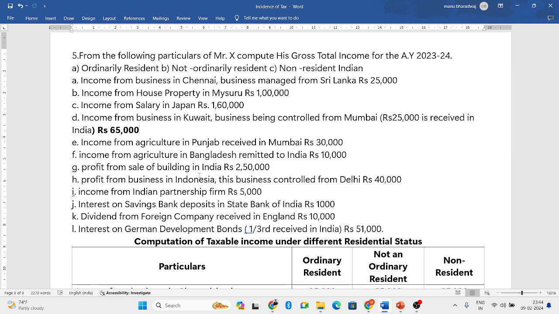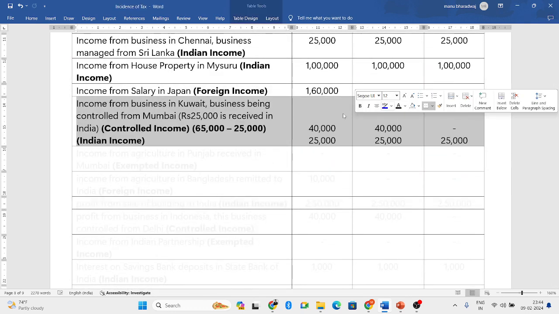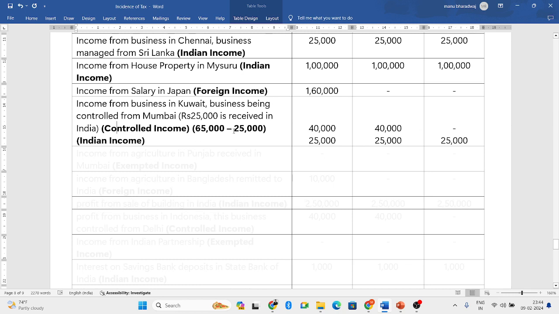One is ordinary resident, second one is not an ordinary resident. Next, the remaining information they have given is that some part of the amount you are receiving in India. So again, there is an Indian income also. So there are two kinds of income. One is controlled income, second one is Indian income. They have told that 25,000 you are receiving in India. Total is 65,000.